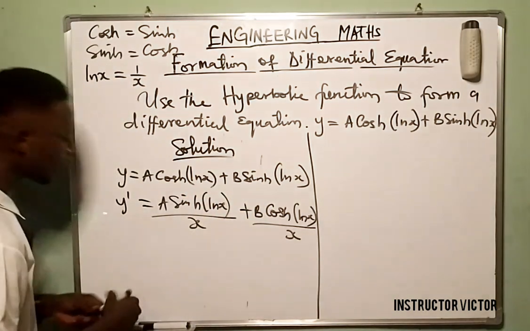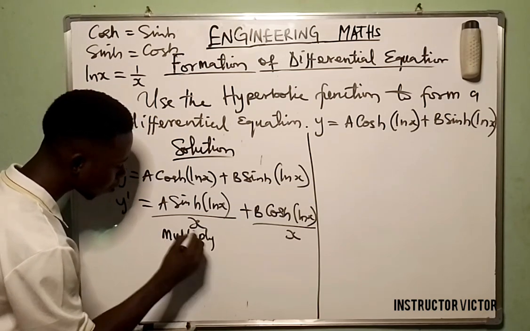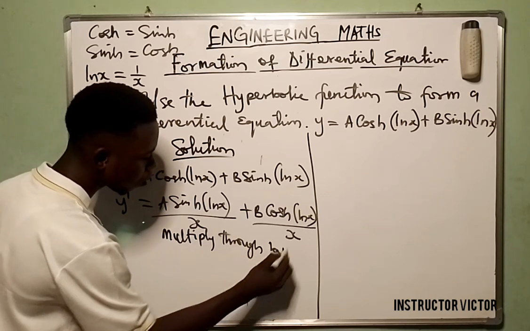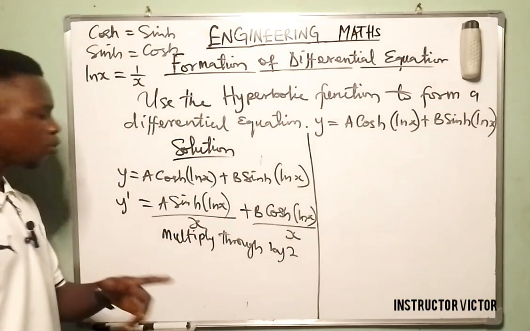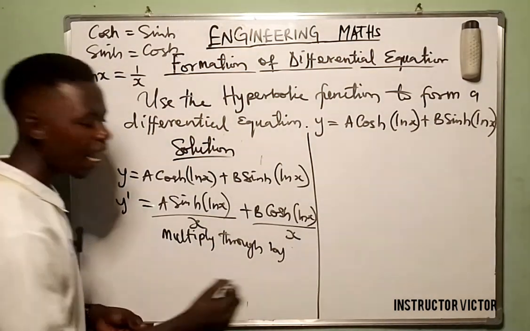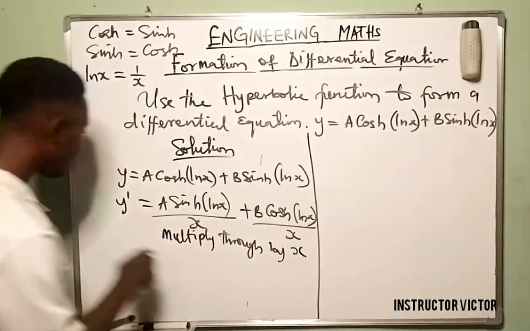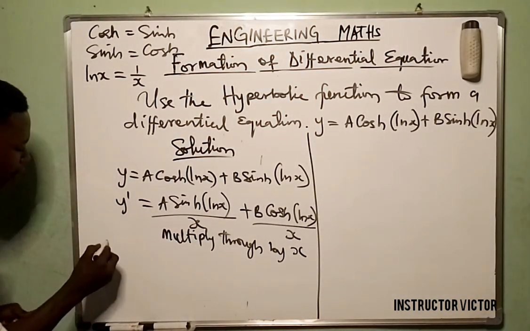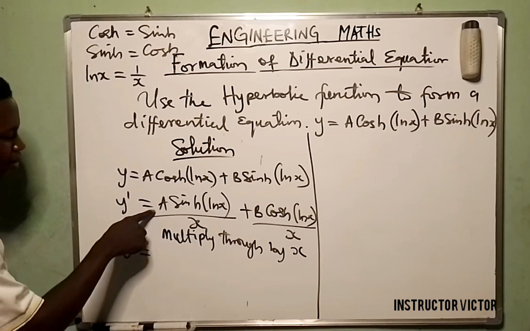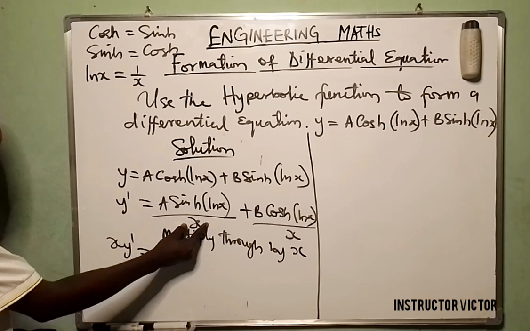You multiply through by x, and we are going to have x times y prime, so x y prime equals, when x multiplies what we have here, that x will cancel the x in the denominator.